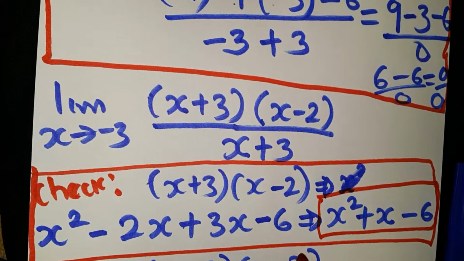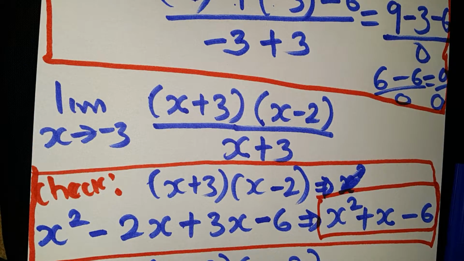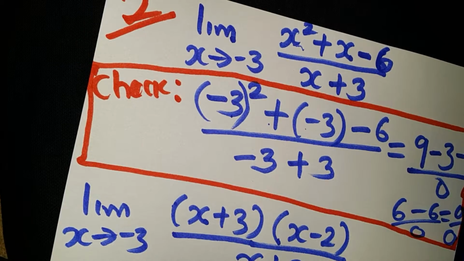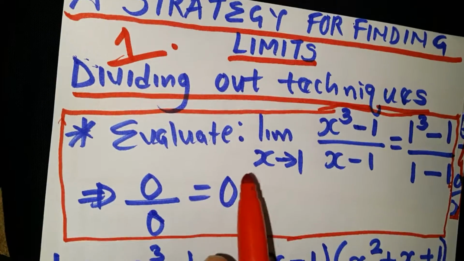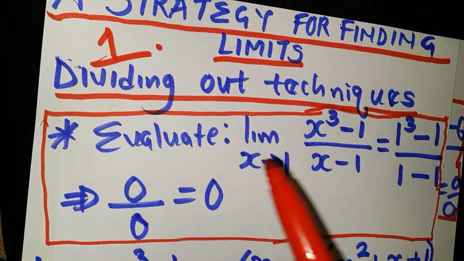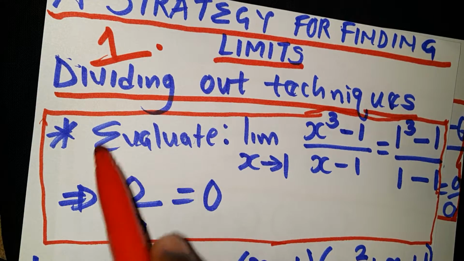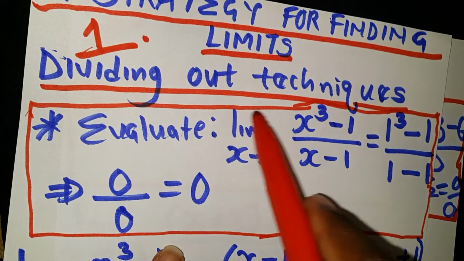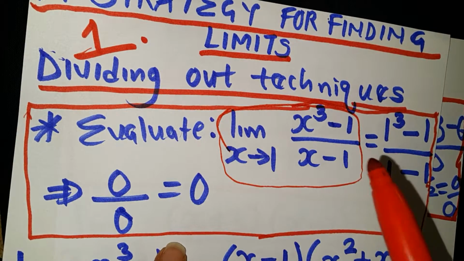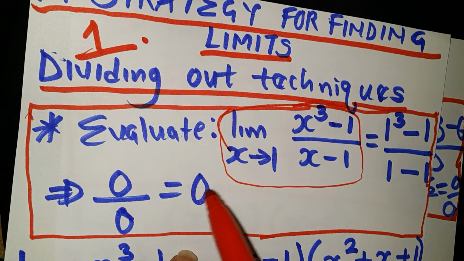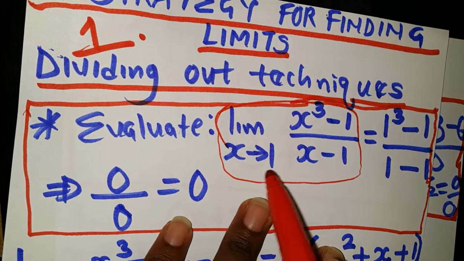So that's all about this video. What have I done so far? In the first example, we were asked to evaluate this limit. The first thing you have to do is to plug in what x is tending to. In this case, x is tending to 1.